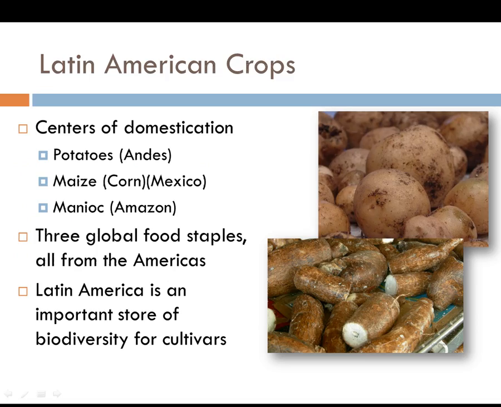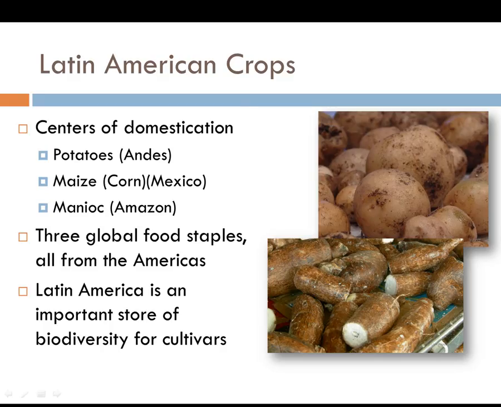Another thing is something we already know. In Latin America, we had a number of centers of domestication for crops, including potatoes in the Andes, maize or corn in Mexico, and manioc in the Amazon. And these are three global food staples, and they're really important in Latin America's history.